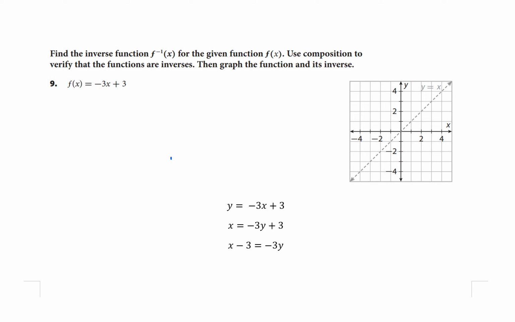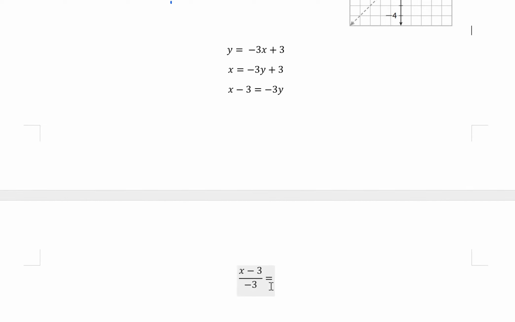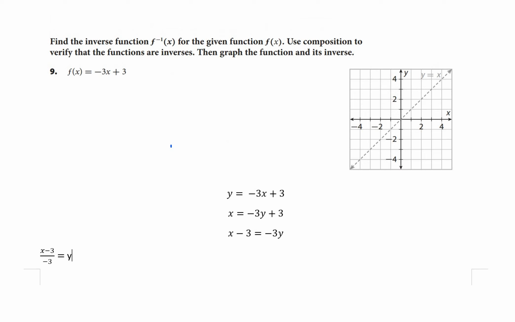And then we are going to divide by negative 3. So (x minus 3) divided by negative 3. Now y is by itself.